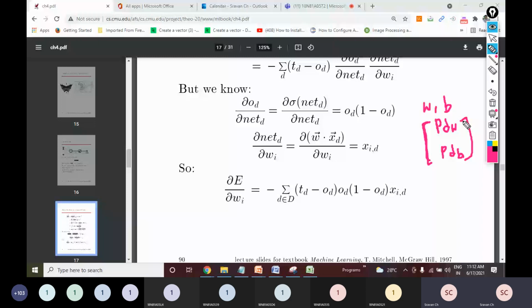So what is the partial derivative of the sigmoid function which is applied on the net? That partial derivative is calculated here. It is equal to OD of 1 minus OD, right? Which is expected of our error function. Now we are trying to calculate partial derivatives with respect to all parameters. Suppose I have weights W1, W2, and the bias W0.